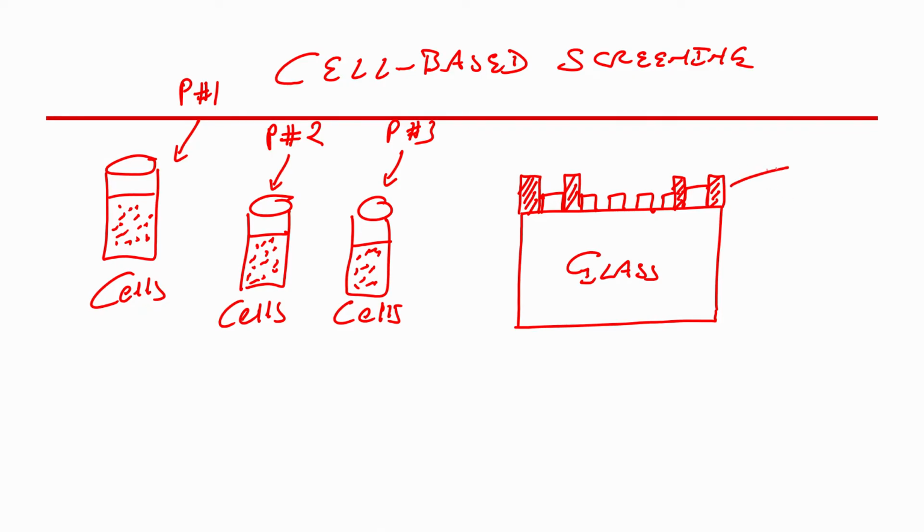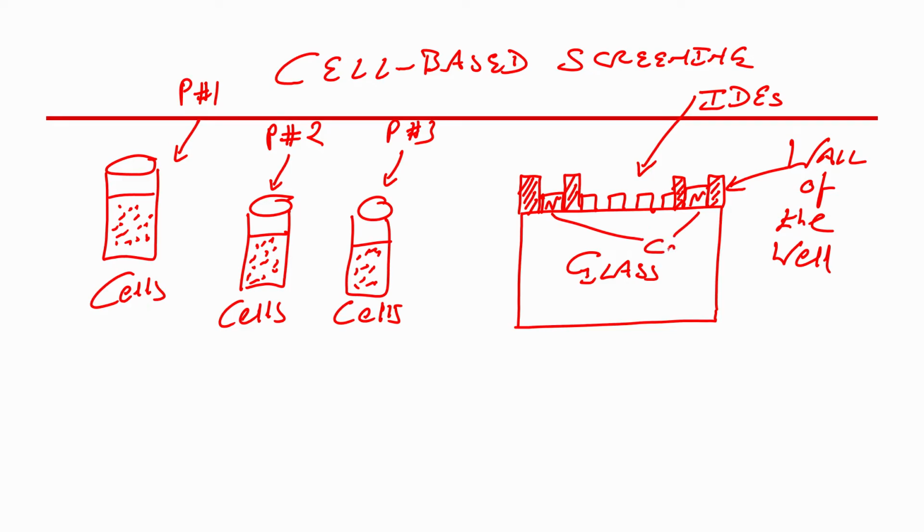This is the wall of the well. These are interdigitated electrodes. This is glass, these are my contact pads. Contact pads.